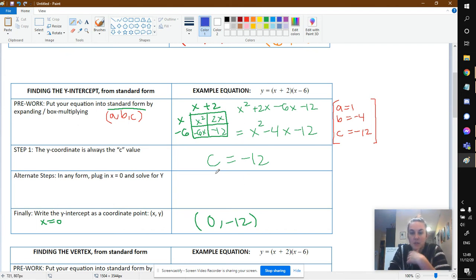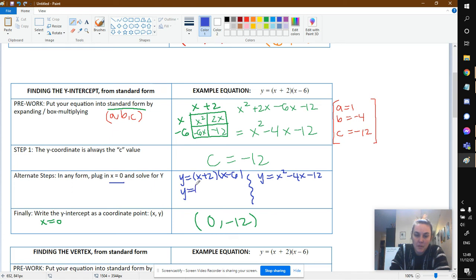The other way we could have done this is taking either form of the equation, this form or this form, and just plugging in x equals 0, right? So here, that would give us 0 plus 2, 0 minus 6, which is 2 times negative 6, which is negative 12.